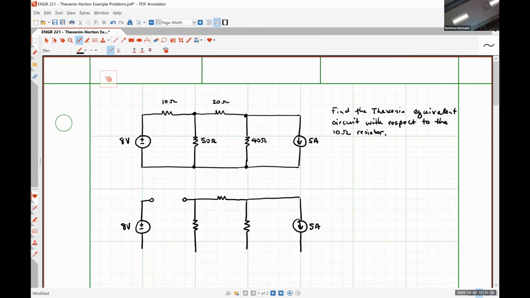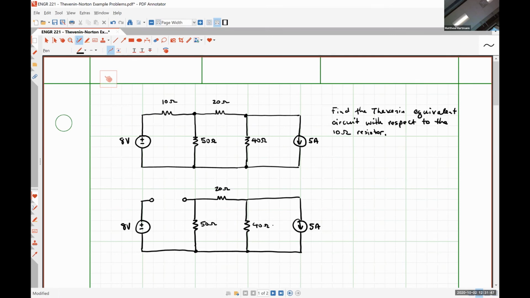And any time that you're asked to find the Thevenin equivalent or Norton equivalent with respect to a particular resistor, capacitor, inductor, electrical component effectively, this is the first thing that you need to do. You need to take it out of the circuit.